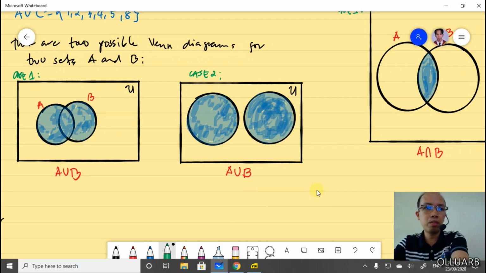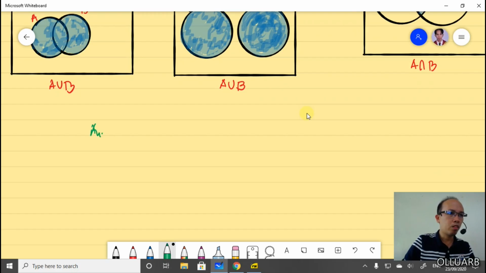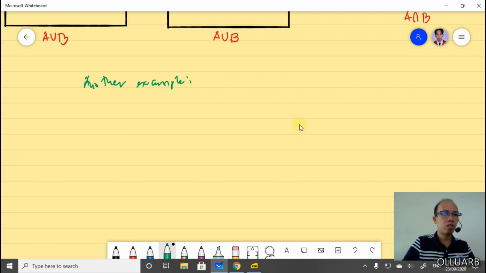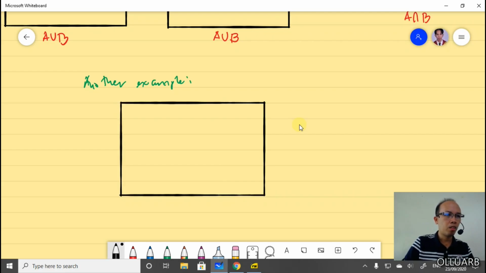Another example, if you have 3 sets, let's say you have a circle, an oblong, a triangle, and a square.